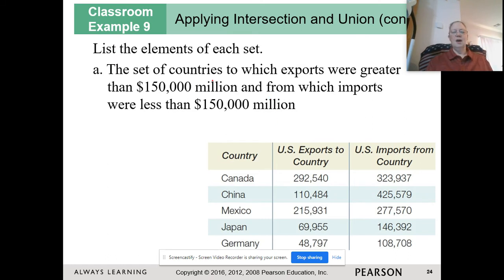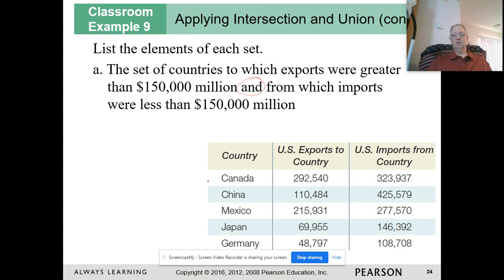The set of countries to which exports were greater than $150 million, and, okay, so we're looking for the overlap. So it has to satisfy both conditions, from which imports were less than 150. So exports have to be greater than 150, and imports have to be less than 150 in order for us to count it.